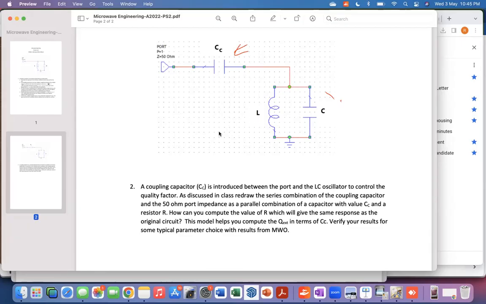So remember again that the 50 ohm port is basically the same as having a resistor to ground with value 50 ohms. Sir, this is the point where I have the doubt: we have the 50 ohm resistance, and after that we have the source, but after this 50 ohm we don't have the source. I'm just drawing this in shortcut here. The correct way of drawing this is like this.